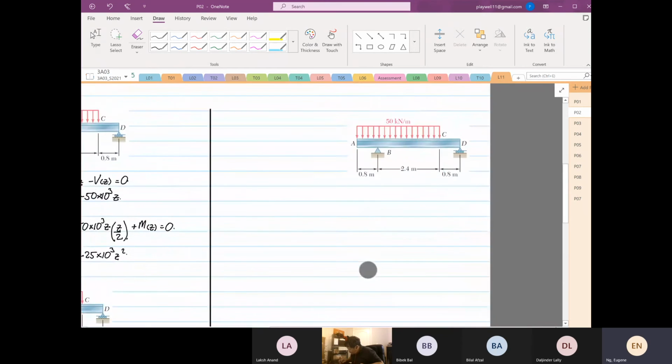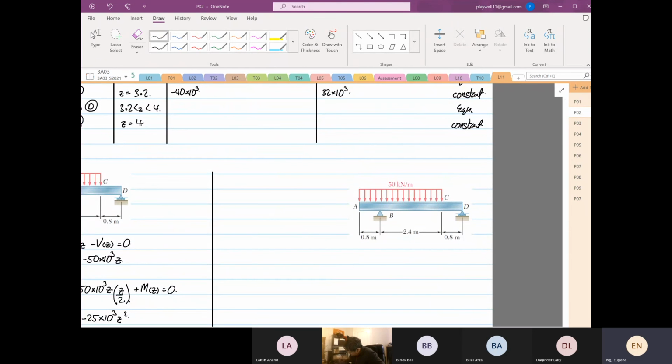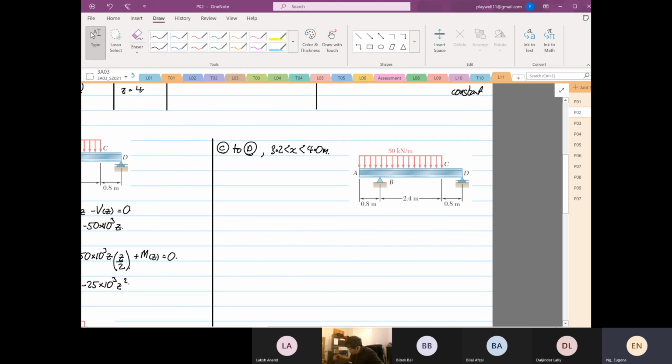So now we are going to do from point C to point D. So now it's equal to 3.2 to 4.0 meters. So again, we're going to do our analysis from right to left.